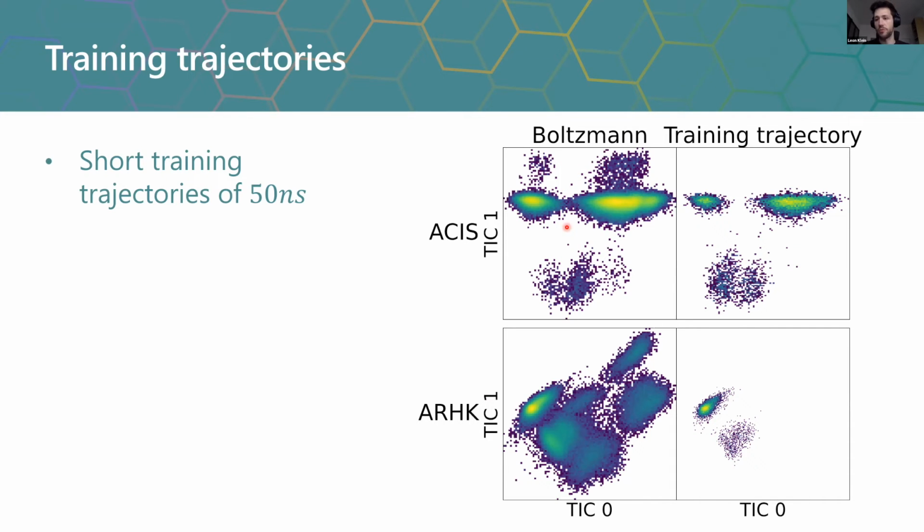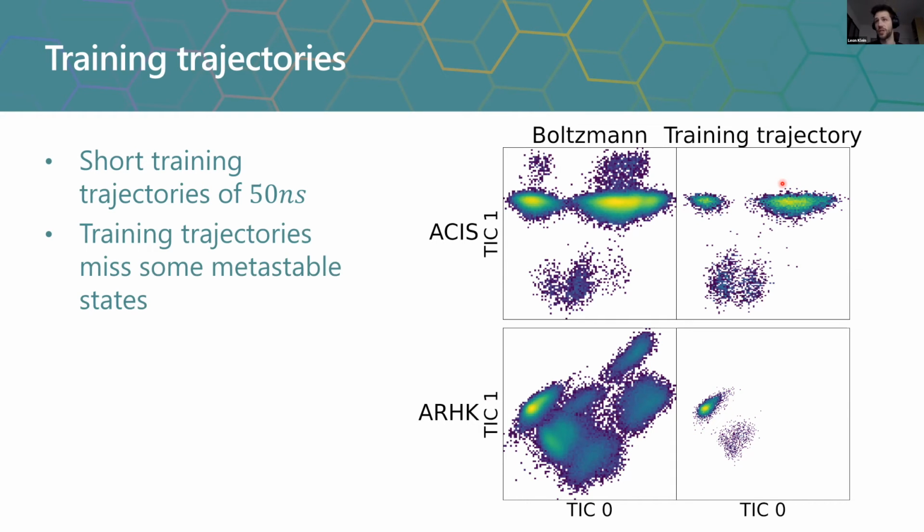Then we'll use the same projection for, for example, the training trajectories, but these could also be results from the Timewarp model. What we can see here on the left are the metastable states found with the long MD trajectory. In the right column, we can see that the short training trajectories we use for training miss several metastable states.